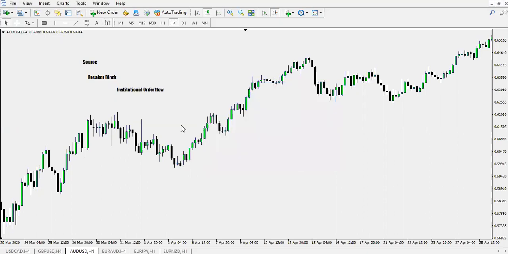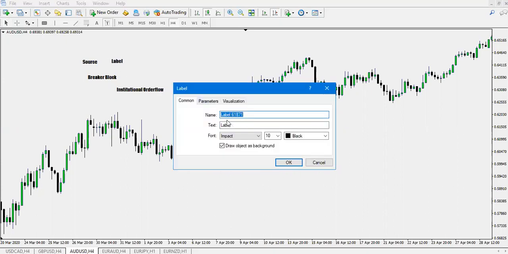So just to give you a brief overview, the source is basically the highest candle wick of a peak formation high or a peak formation low, the highest candle wick and body of a high or low.